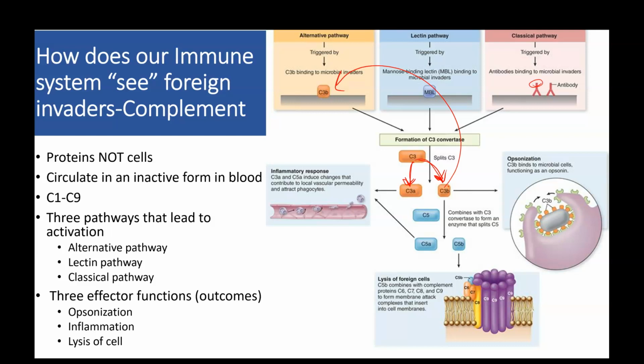Let's talk about the first one, and that's inflammation. I mentioned it already a couple times. It's one of the major effector functions of innate immunity, and complement plays a major role in this. C3a and another portion of the complement called C5a cause your blood vessels to become very permeable.